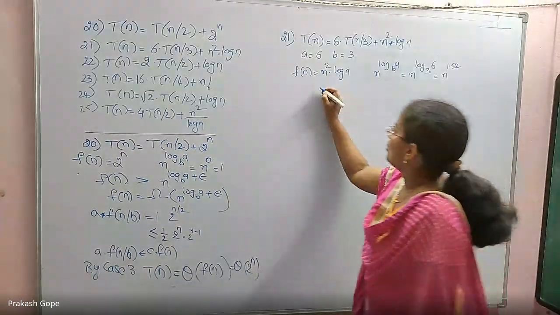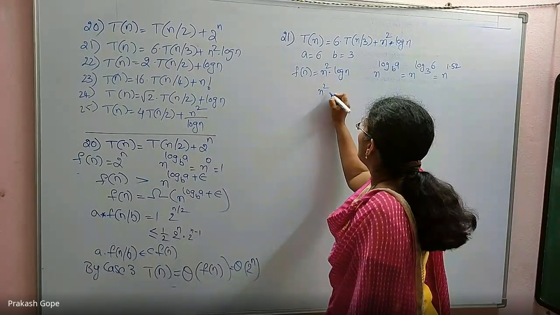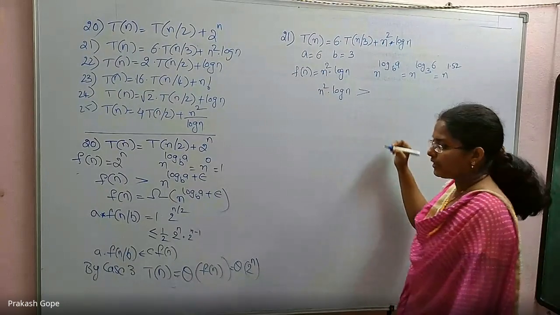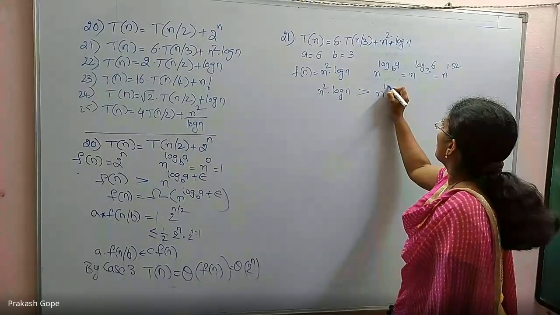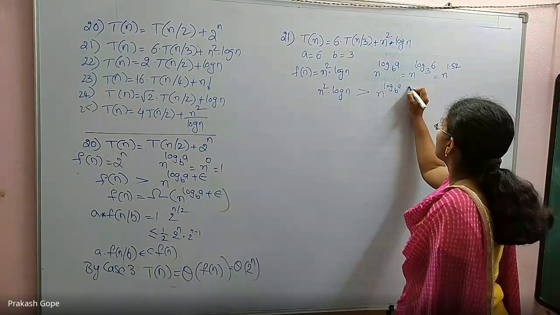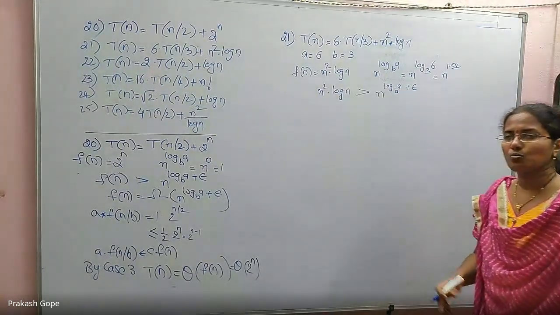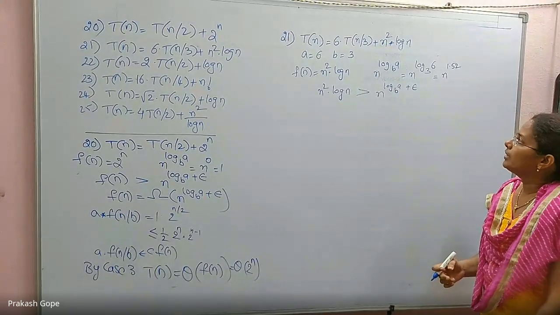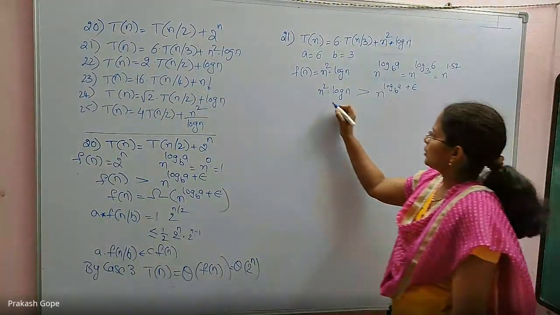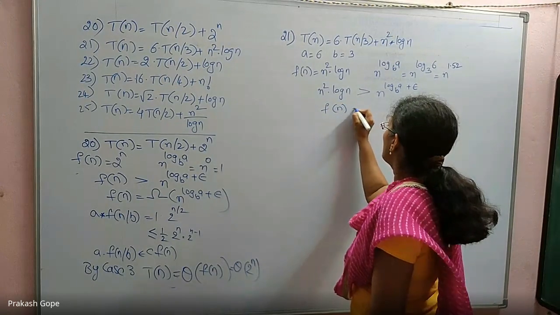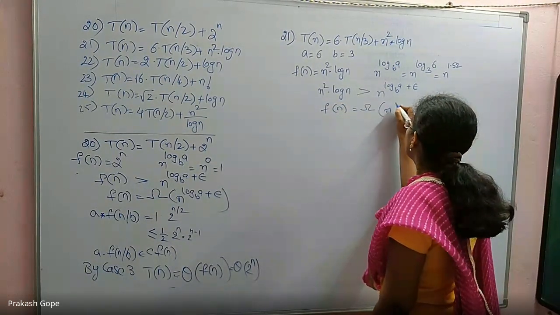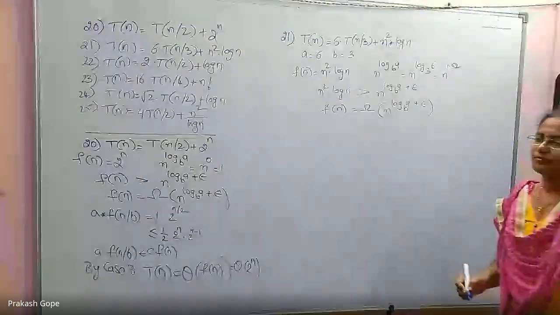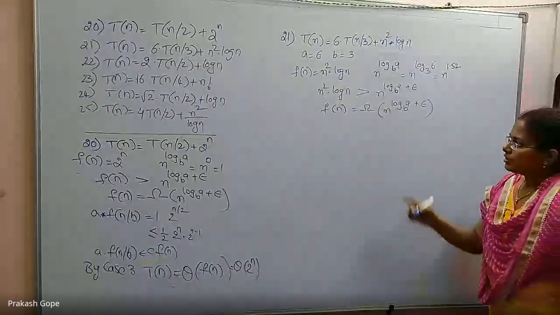N square into log n is much greater than n power log a to the base b plus epsilon, see that epsilon is for the power. Still this is greater, which means it is big omega. So f of n is equal to big omega of n power log a to the base b plus epsilon. So it is coming to case 3.